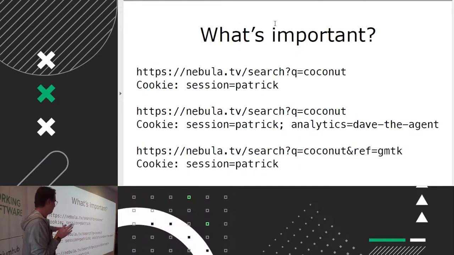Nebula doesn't care about analytics at the moment, and the ref parameter is basically for marketing, and the server also doesn't care about it. So ideally, we would want all these three requests to have the same cache key. So if somebody loads any one of them, the CDN will just repeat the response from the past.